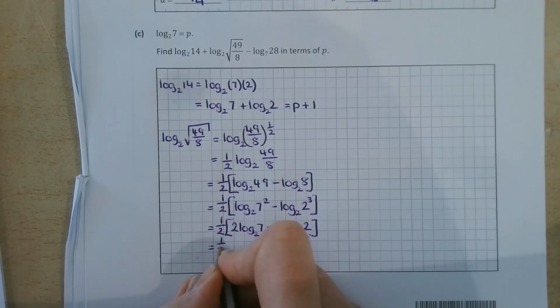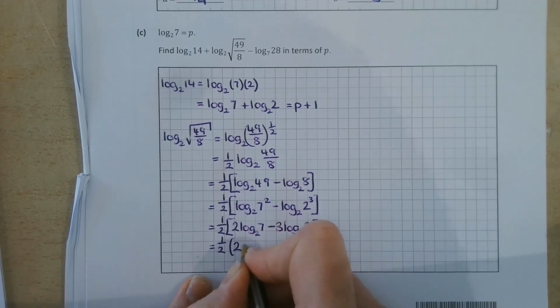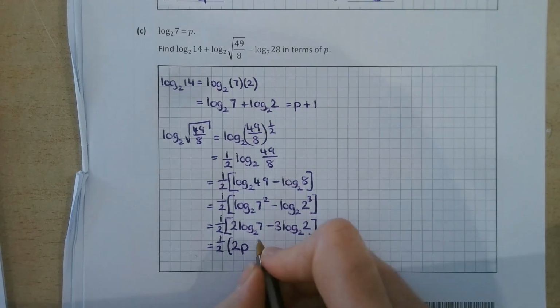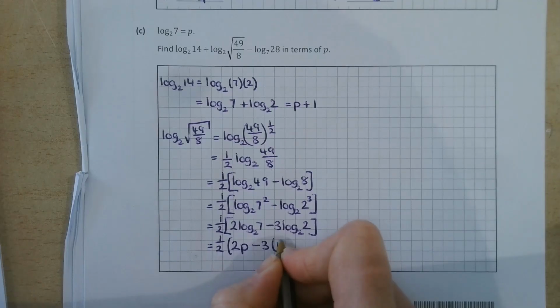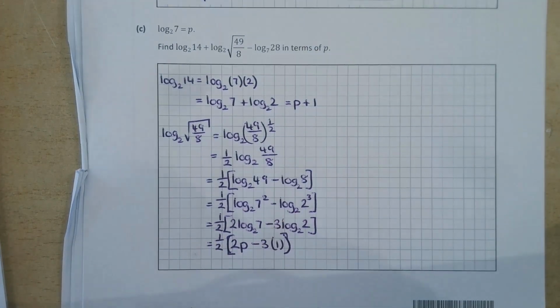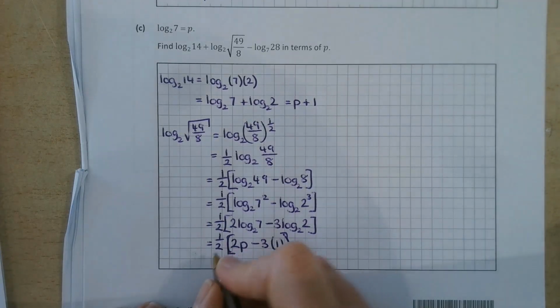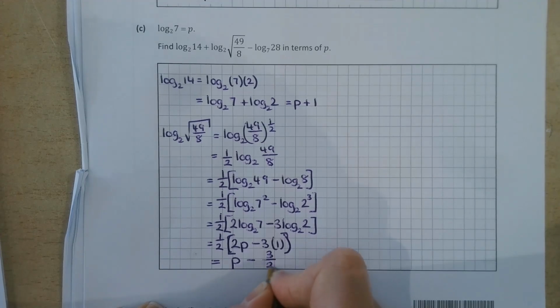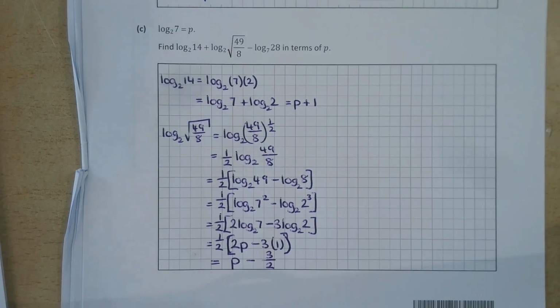So we have a half times 2p. And here minus 3 times log to the base 2 of 2, which is 1. So minus 3 times 1. Again, you could leave out the 1 if you wanted to. Doesn't make any difference there. And that can be changed then finally to p minus 3 over 2 when we multiply in the half.